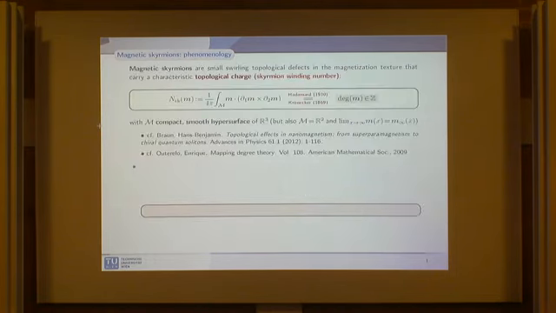So what are magnetic skyrmions? These are swirling topological defects in the magnetization texture, which have a characteristic topological charge that, in the context of magnetic skyrmions, is called the skyrmion number, and can be characterized in integral form by this integral due to Kronecker.